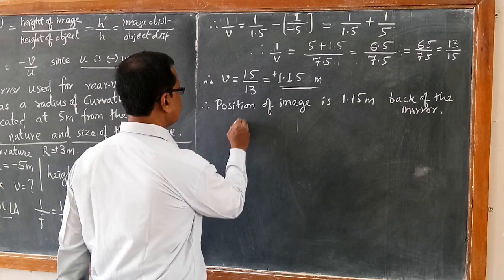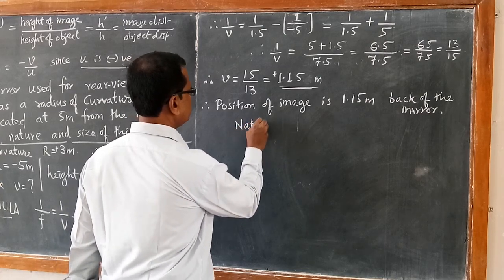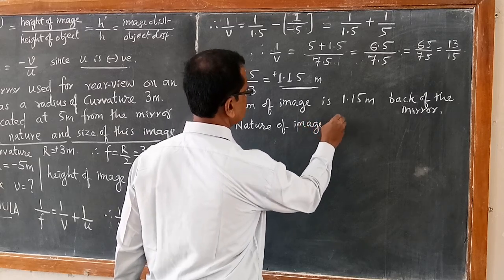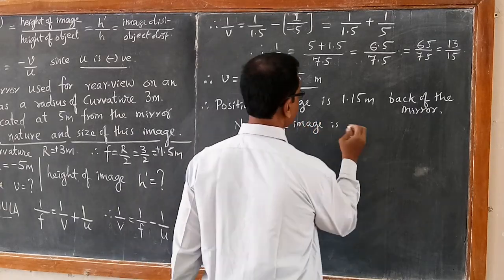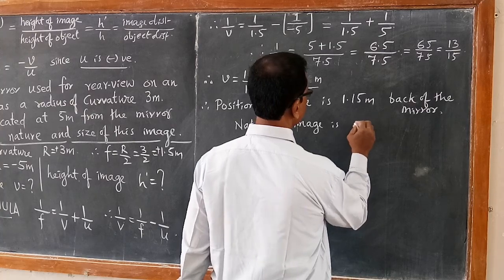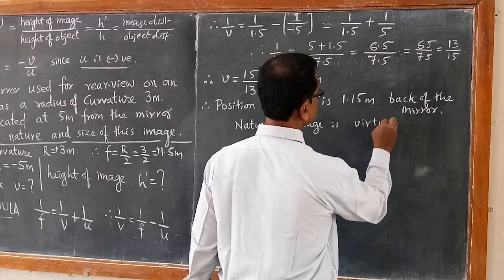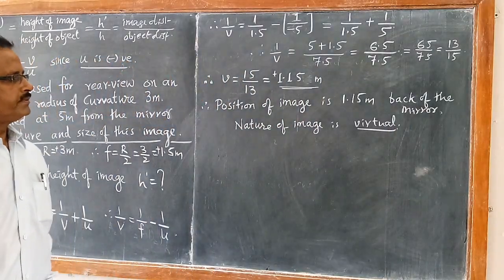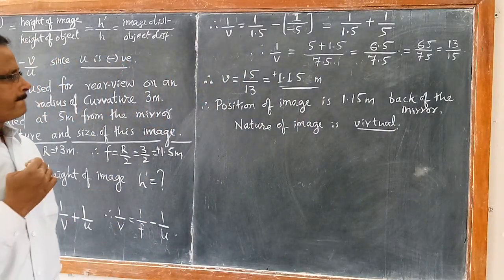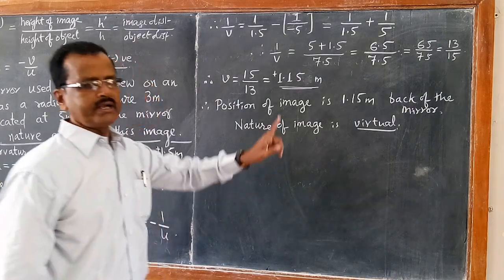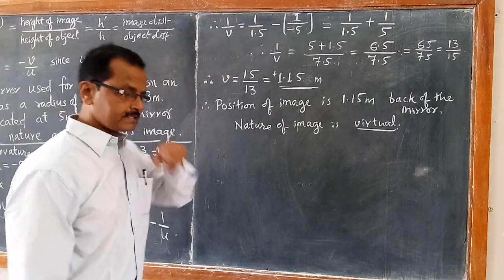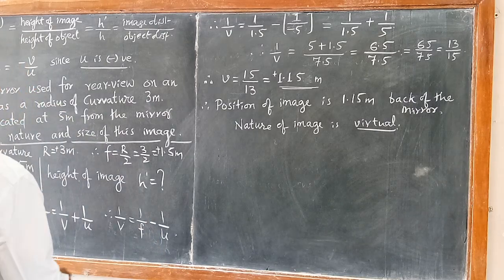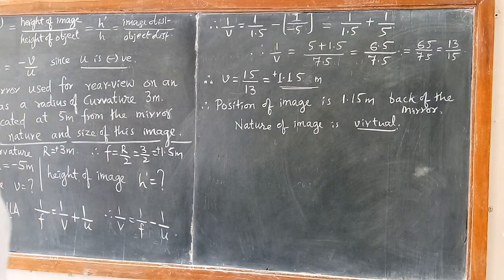It means I can write the nature of the image is virtual. How is it virtual? Because it is on the other side. We can also prove why it is virtual by measuring the height. So to find the height, what should be noted here?